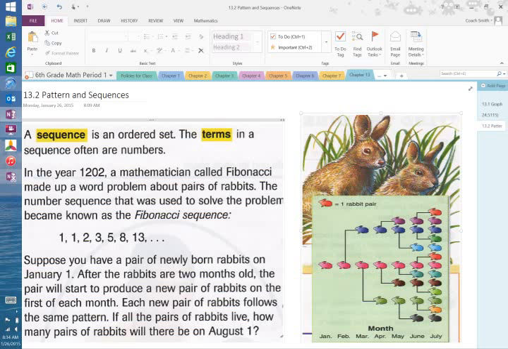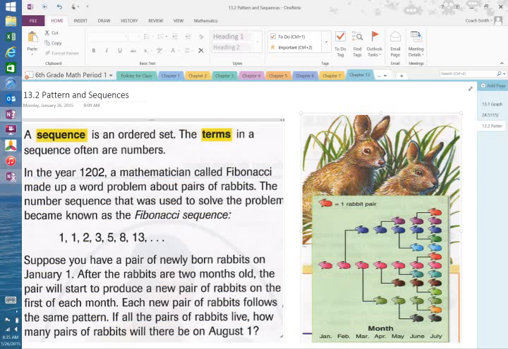So in April, here are the numbers they start out with: 1, 1, then 2, then 3, and then 5, then 8, then 13. As you look at April, if you can't see that picture well enough, look in your book, because it's obviously out of your book.